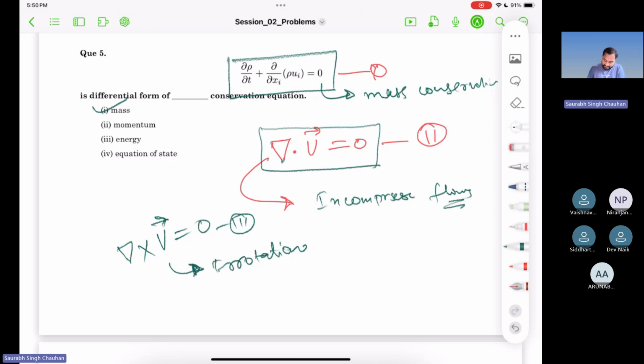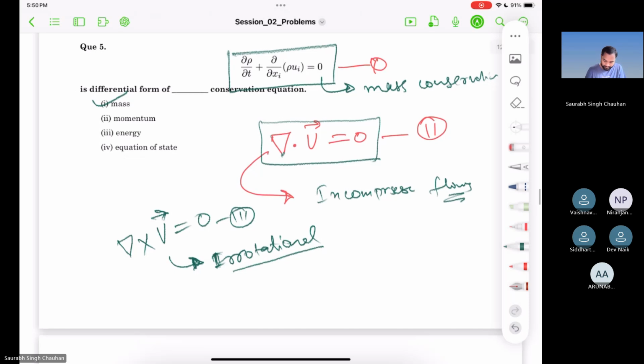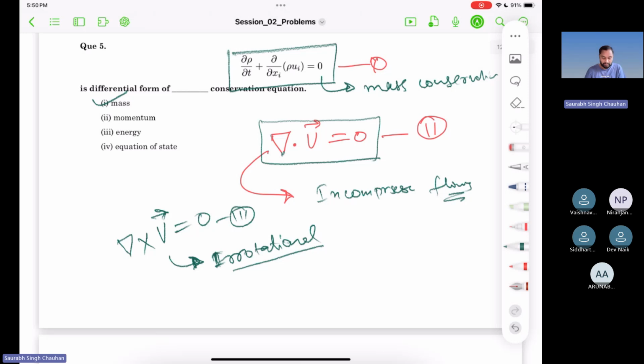So all these small things should be clear. If you have any doubt, then please ask, or please refer to any textbook of fluid mechanics, because all these small concepts will be encountered very frequently when you move ahead in the CFD course. I think this is very trivial.